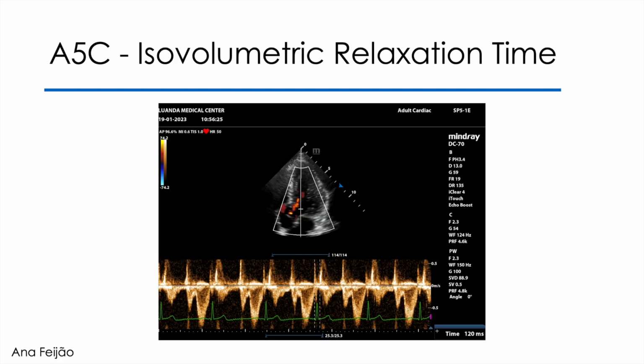Another important measurement in this view is isovolumetric relaxation time. This parameter is calculated on a spectral plot that captures the left ventricle outflow track and the transmitral flow. And how do I get this graph? I keep the color Doppler window over the aortic valve, widening the sector a little more in order to capture the mitral valve flow.